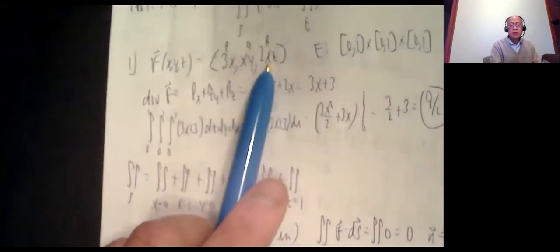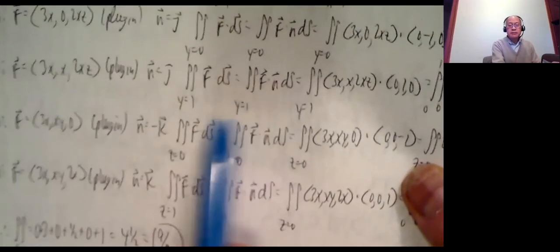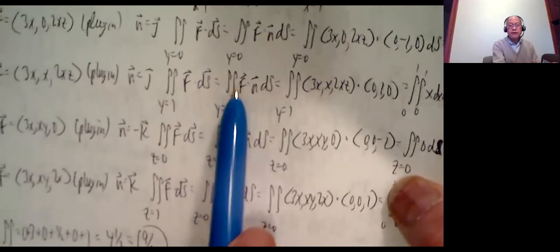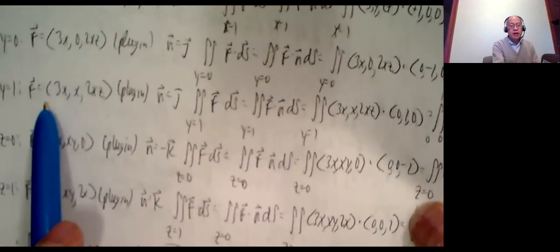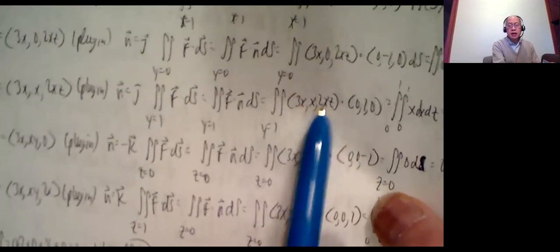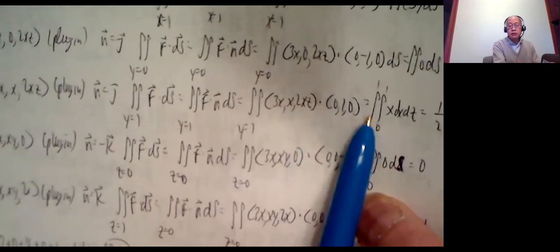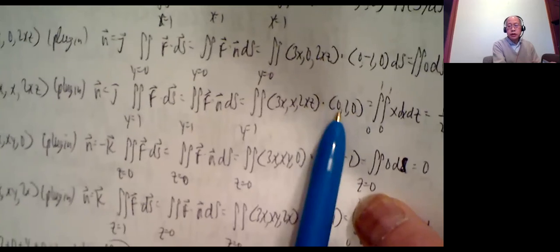So f dot n ds for the surface y equals 1. f is now 3x, x, 2xz dot 0, 1, 0. 0 times that is 0. 0 times that is 0. So I just have 1 times x, which is x.